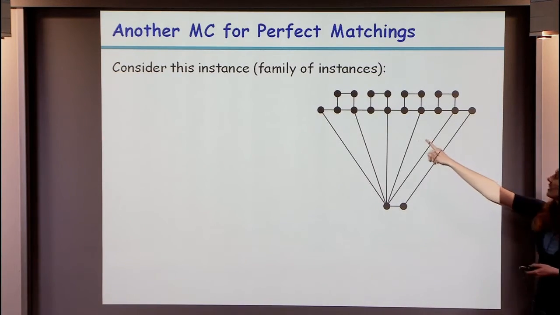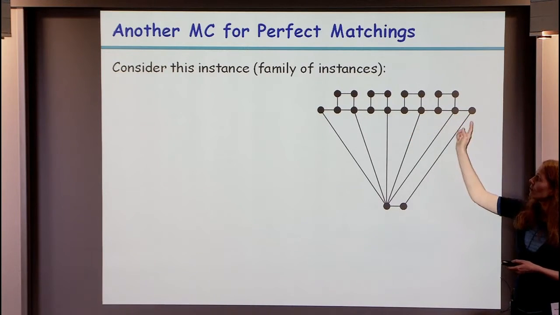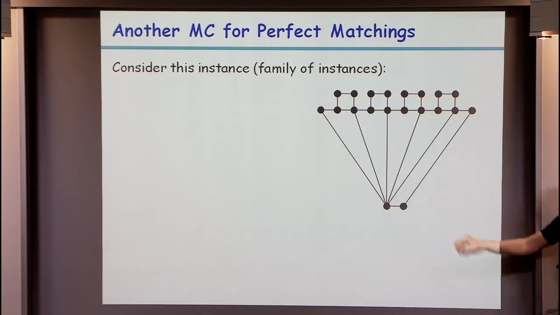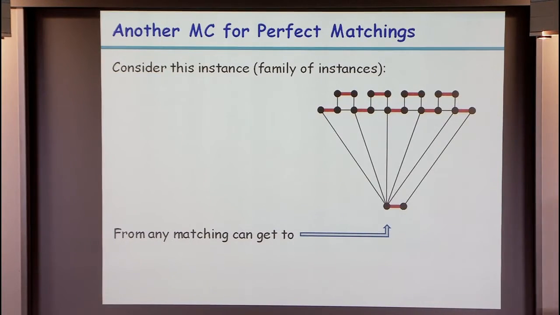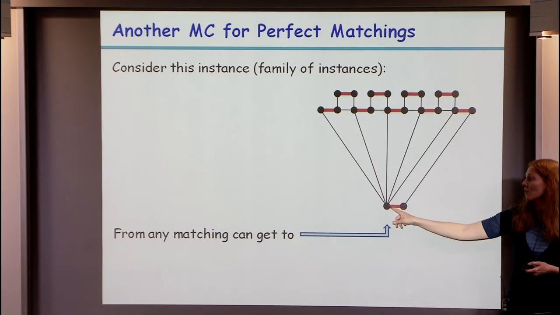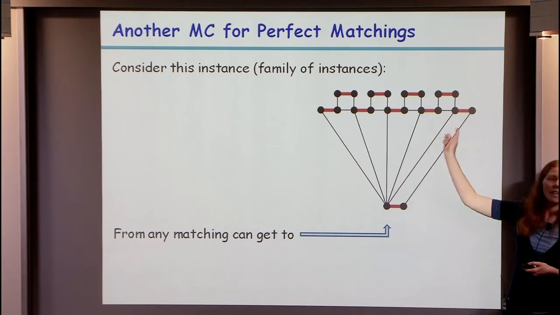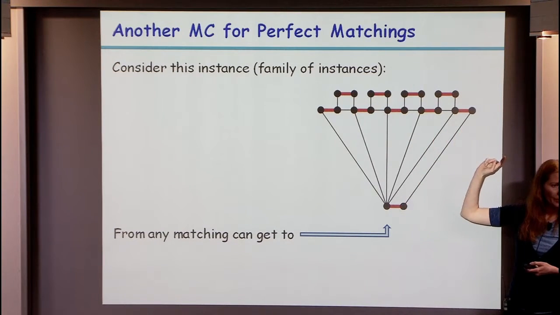We have the chain of boxes that we had before, and then we have one other edge connected in this specific way. Now, if I match the bottom two vertices to each other, I have only one way to match the top, right?